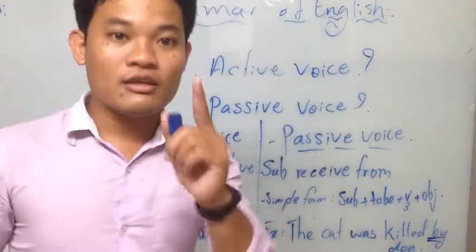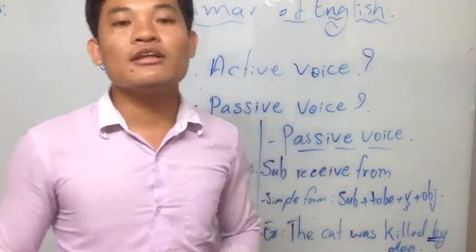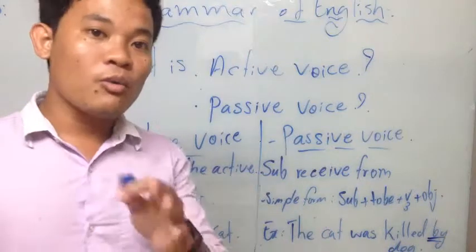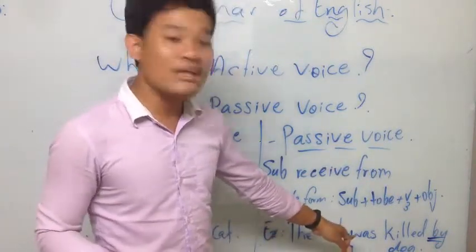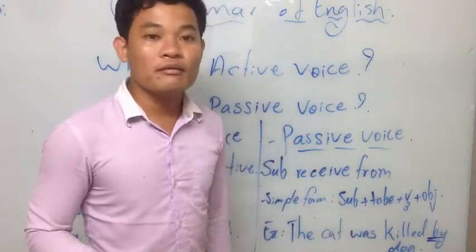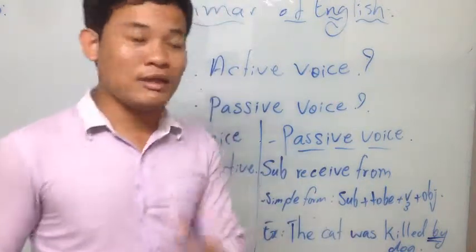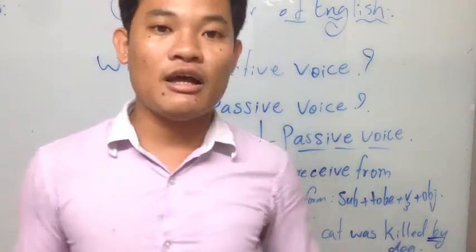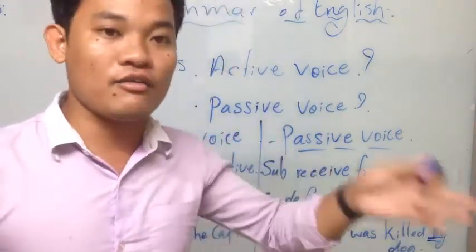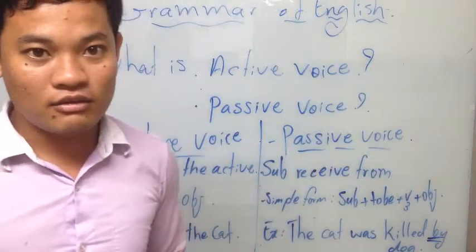Here it is about the subject receiving the action. Okay? With the example, so let's go. The cat was killed by the dog. This is about the dog that completes the action of killing the cat. Alright?